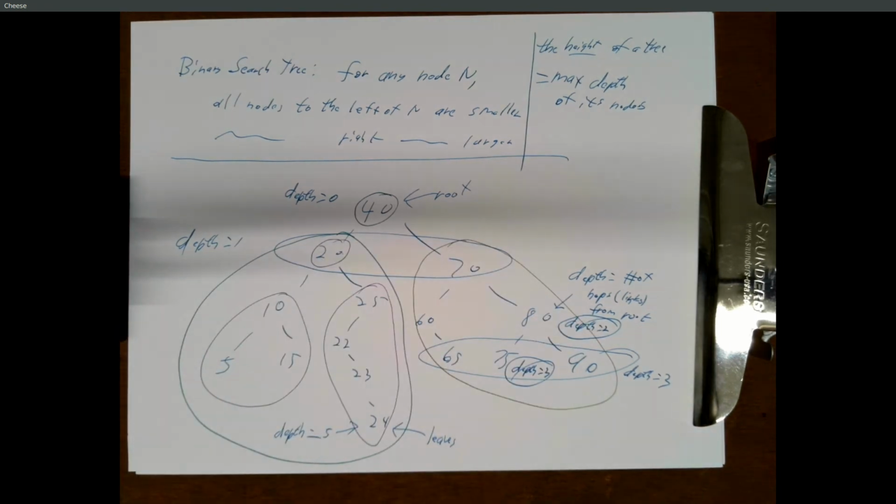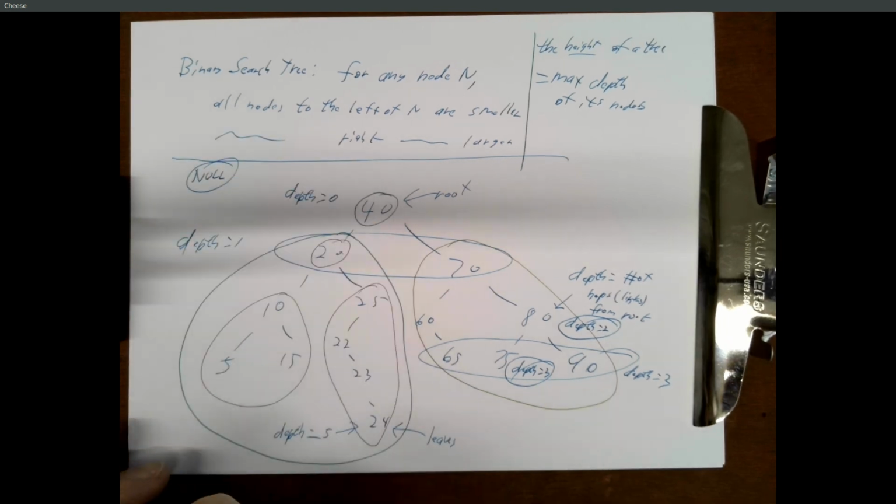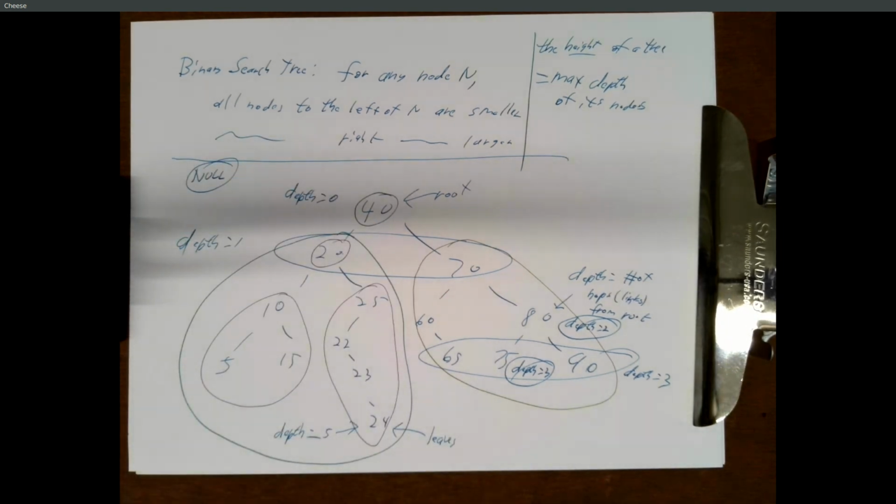Okay, there are no sentinel nodes from here on out. So if we have an empty tree, it's really just null. If we have a struct node star called root, and we want root to represent an empty tree, we set root equal to null. Okay, so what is the height of an empty tree?